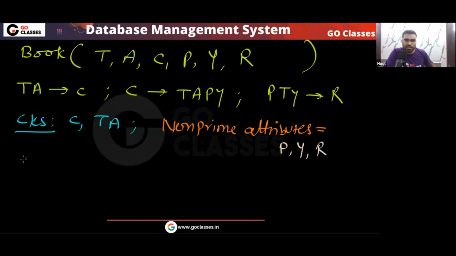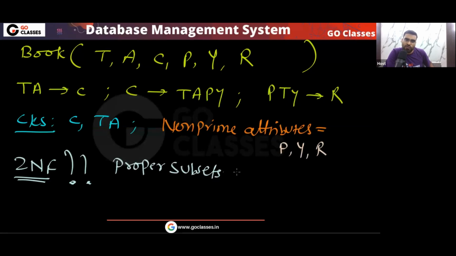Now let's quickly check about 2NF. For 2NF, what you will do is find the proper subsets of candidate keys and check whether they can determine a non-prime attribute. The proper subsets of candidate keys are T and A only.